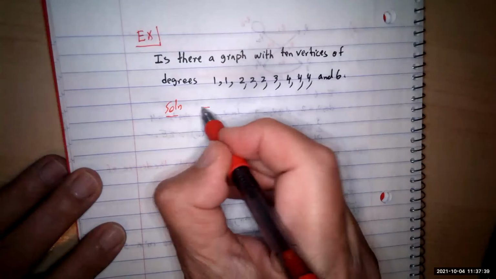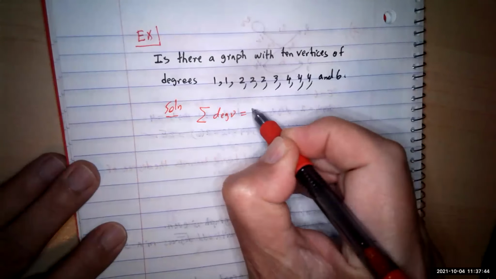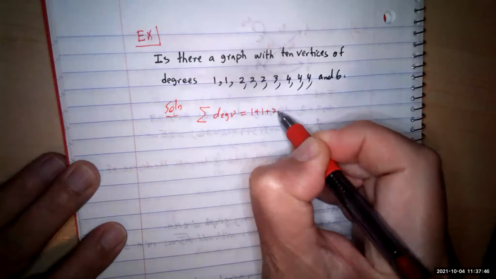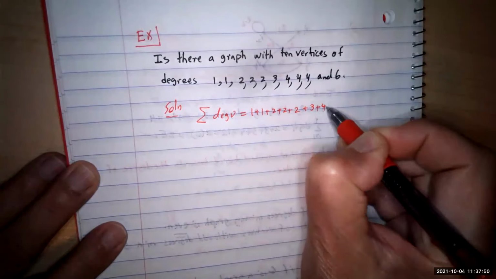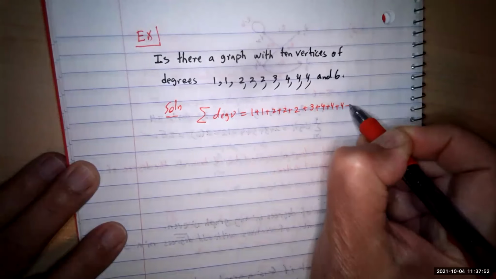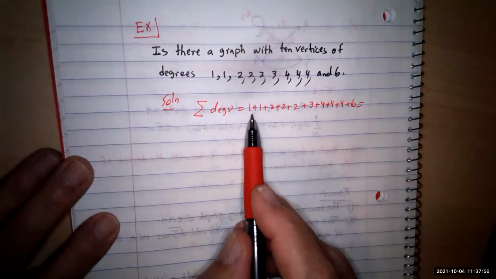Say the sigma of degrees is 1 plus 1, 2, 2, 2, 3, 4, 4, 4, and 6. What's the total?